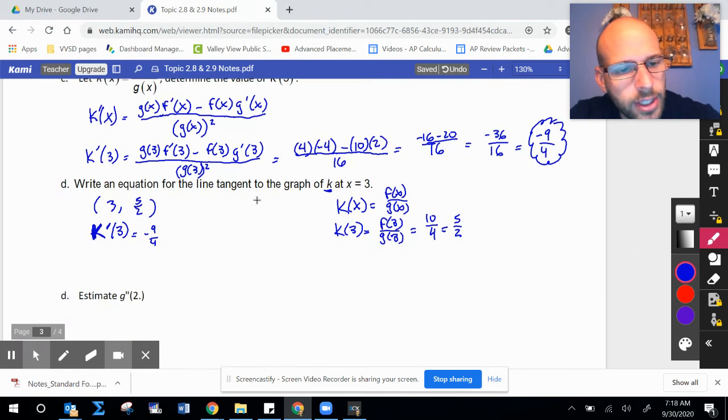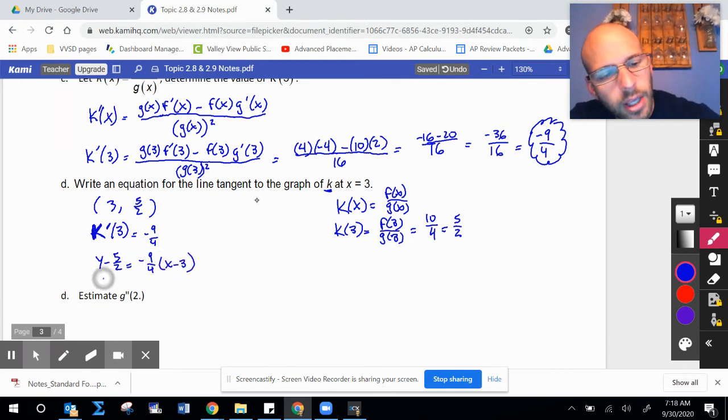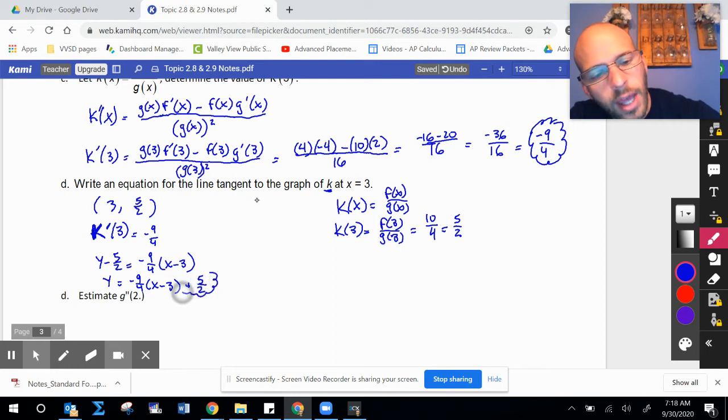So I have everything I need. I can say y minus 5 over 2 equals a negative 9/4 times x minus 3. And I would write that as a negative 9/4 times x minus 3 plus 5 over 2. And that is my tangent line.